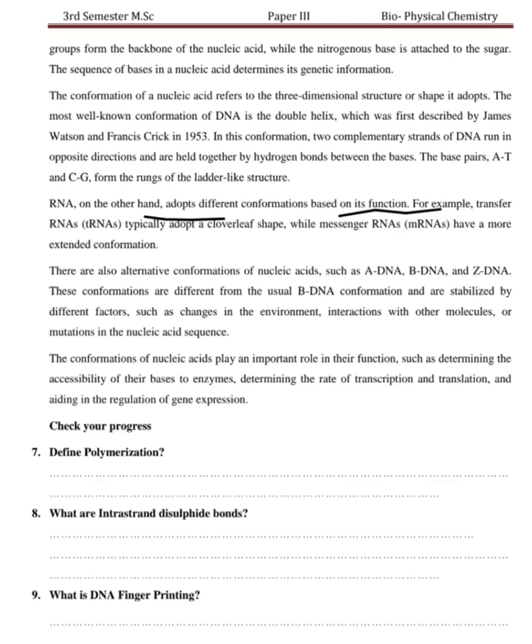Why is this conformation important? It determines the accessibility of the bases to enzymes, determines the rate of transcription and translation, and aids the regulation of gene expression. So, for gene expression, the conformation of DNA and RNA is very important.